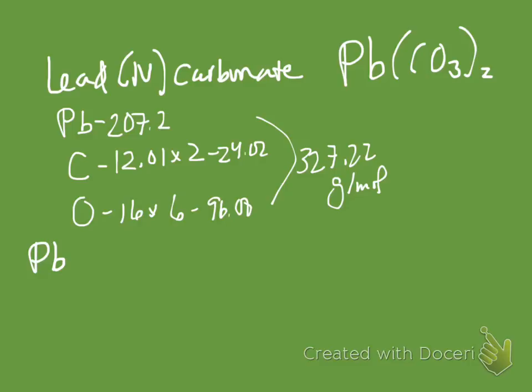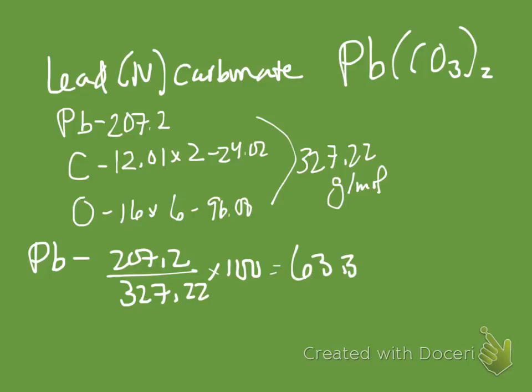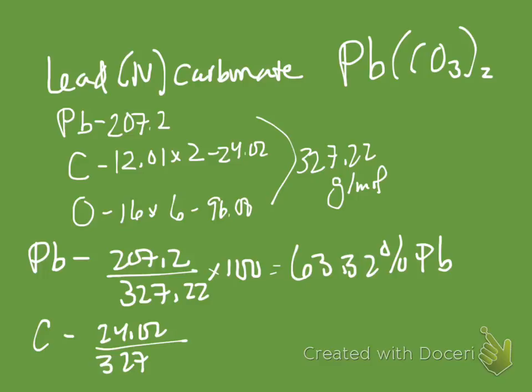Okay, for lead, we have 207.2 divided by 327.22 times 100, 63.32% lead in this compound. Carbon, 24.02 divided by 327.22 times 100, we get 7.341% carbon.